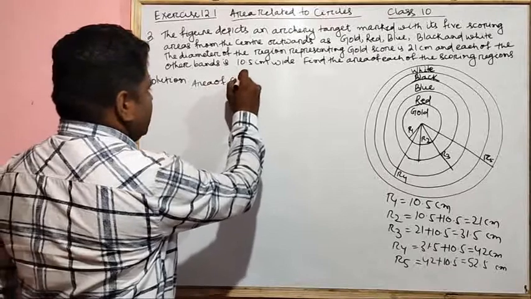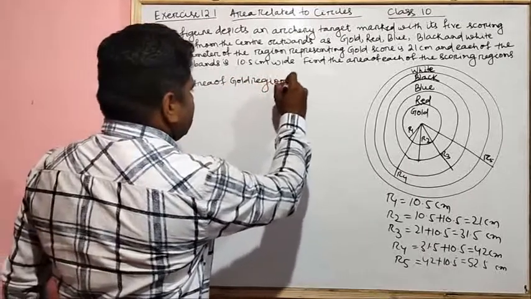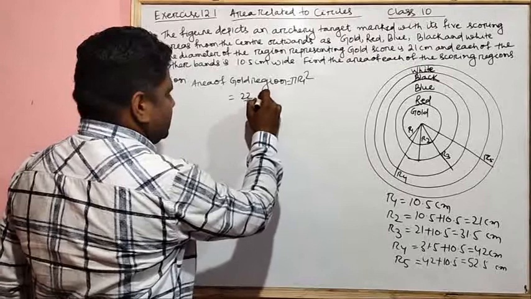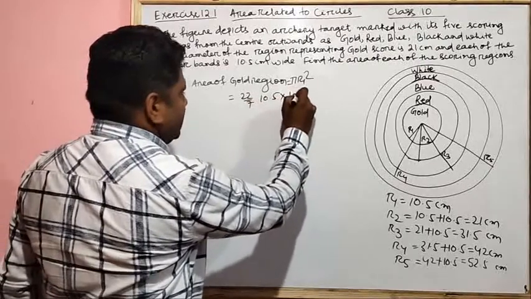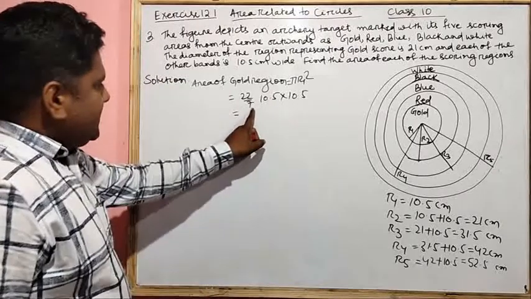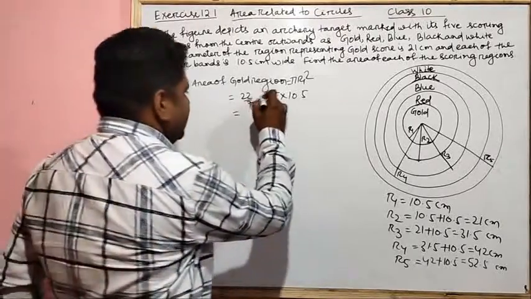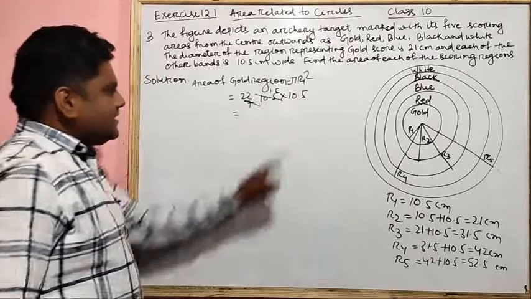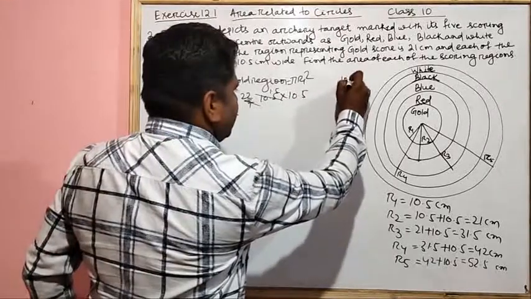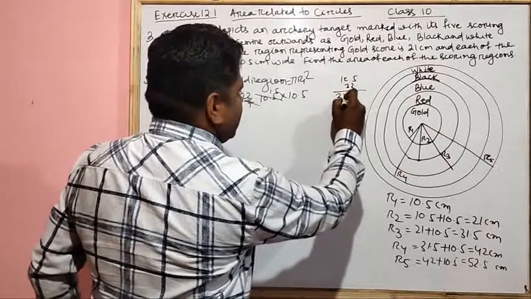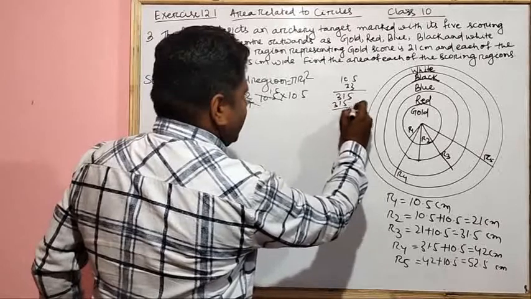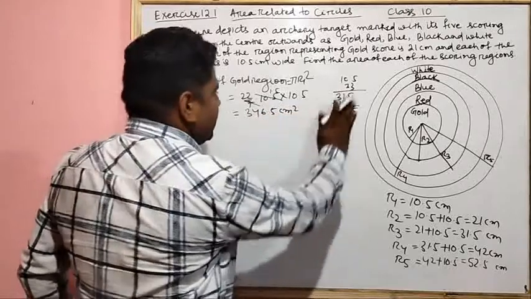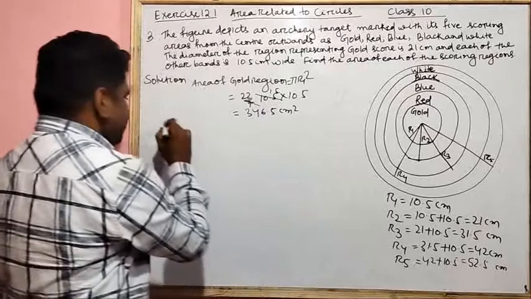Area of gold region, that is pi R1 square equal to 22 by 7, R1 is 10.5, so it will be 10.5 into 10.5. 10.5 by 7, 7 into 15 is 105, so it will be 1.5. 1.5 into 22 is 33, 33 into 10.5, let's solve it, 10.5 into 33, it will be 315 and 315, it will be 346.5 cm square.